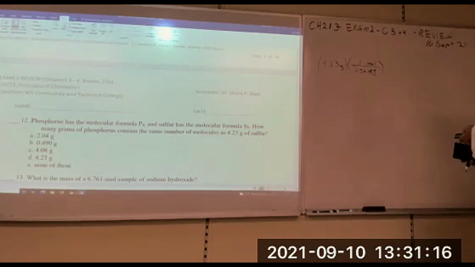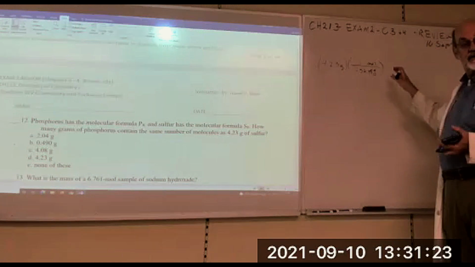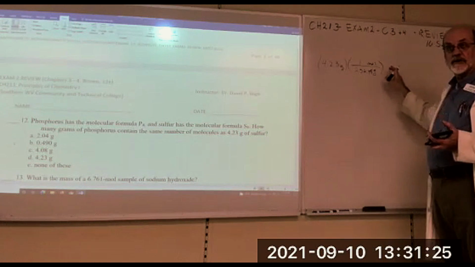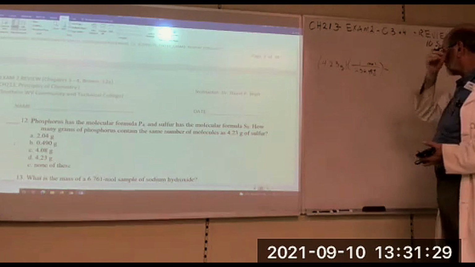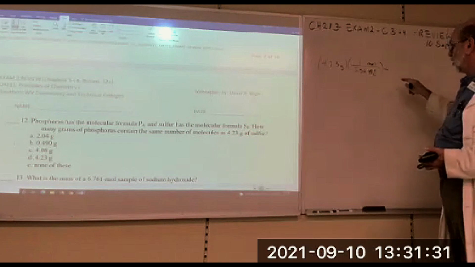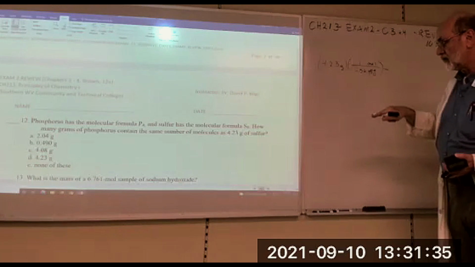Go back to the question. How many grams of phosphorus contain the same number of molecules? We don't actually have to calculate the number of molecules because a mole is a counting number. So this is going to be equal to the number of moles of phosphorus.